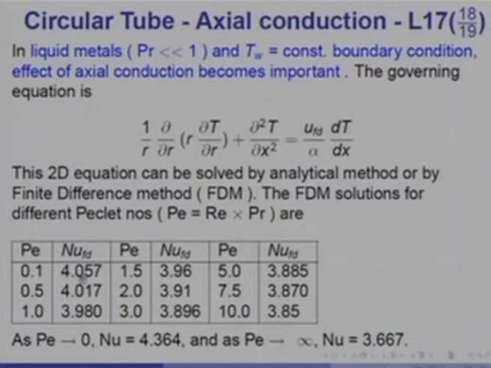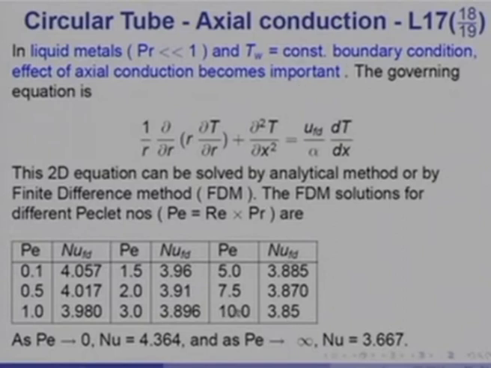For very low Peclet number, the Nusselt number is 4.057, but as I increase the Peclet number, which means allowing for more and more axial conduction, the Nusselt number goes on reducing, and when Peclet number is about 10 and the wall temperature is constant, mind you.